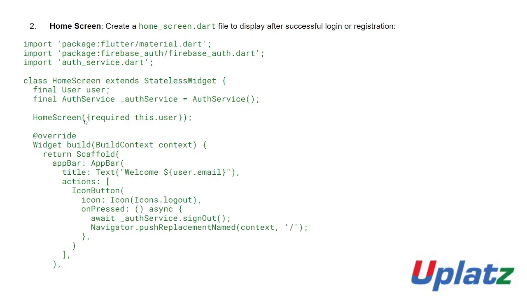HomeScreen, required this.user, and there will be one super.key that you also need to write here. @override Widget build context, return Scaffold, AppBar, title is Text, sorry, AppBar title is Text.